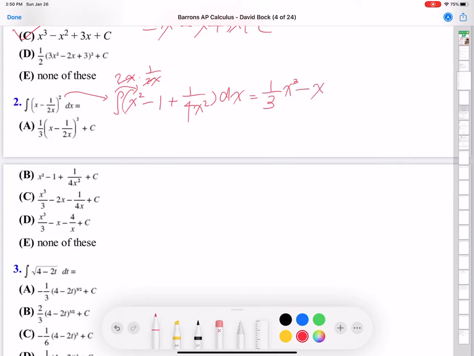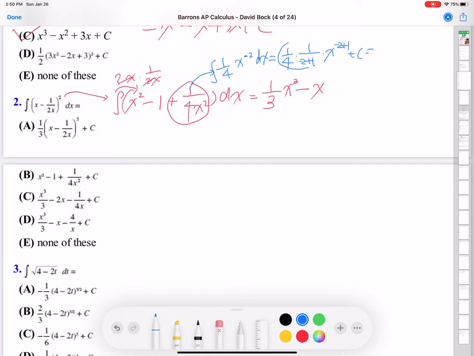And then in this case, okay, separate this over here. 1 over 4 is the coefficient times 1 over x squared. 1 over x squared means x to the negative second power, right? So 1/4 times, n is negative 2, 1 over n plus 1 times x to the n plus 1, plus c.